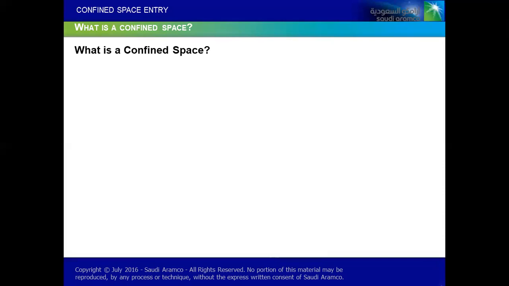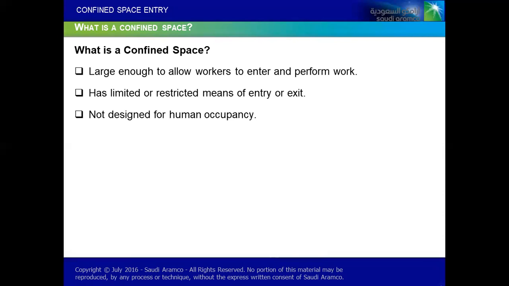So guys, a confined space means a space large enough to allow workers to enter and perform work, pretty straightforward, and also has limited or restricted means of entry or exit, and is not designed for human occupancy. So it's a purpose-built space, but not built for human occupancy. Like we can't drink there, we can't eat, we can't sleep. So it's a purpose-built danger zone, or maybe the red zone or restricted area, we can call it.